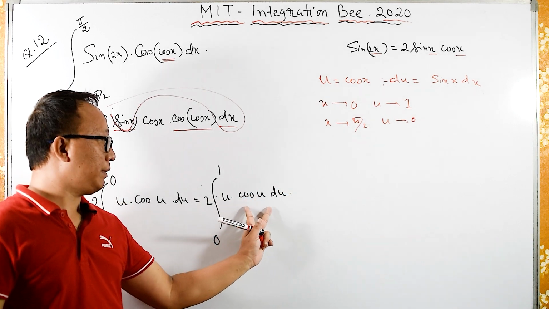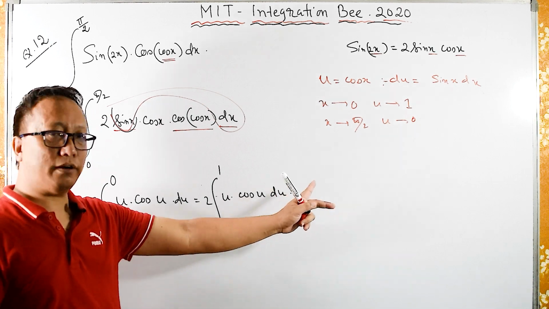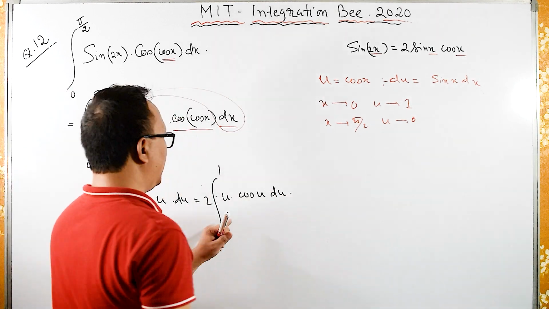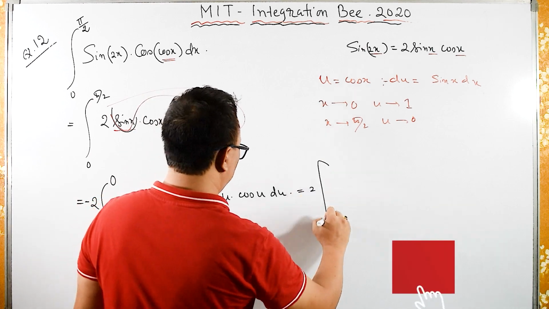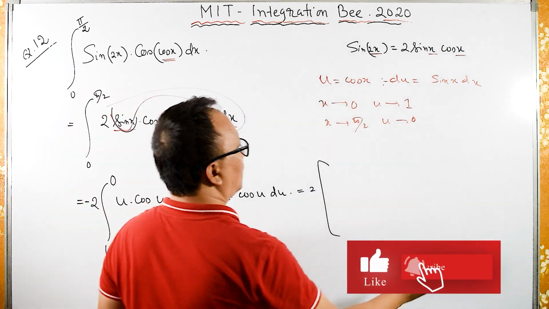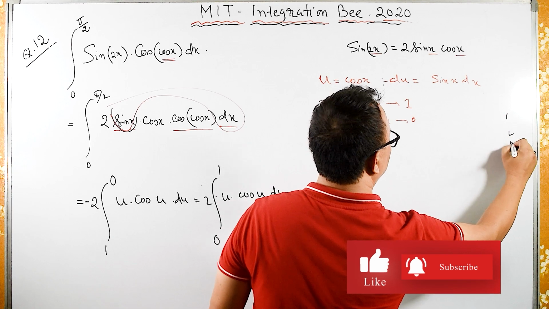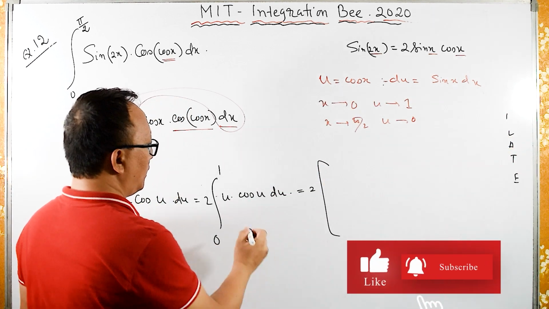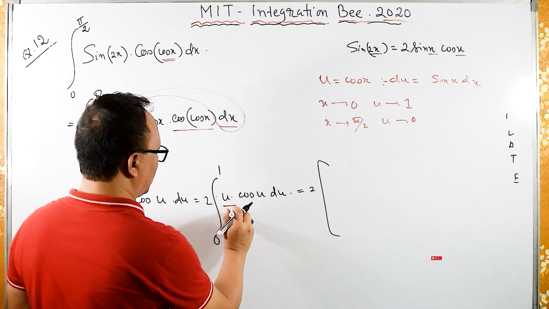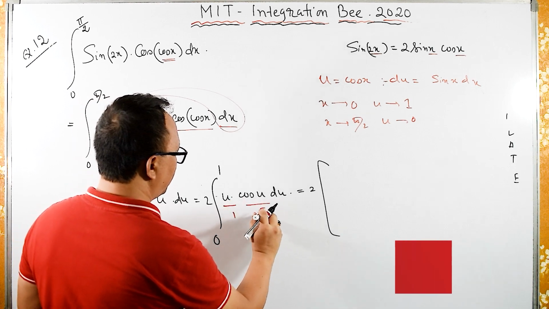Let's apply integration by parts, ILATE or tabular from our DI methods. Here we have 2, we have ILATE rule. Let's take this algebraic first. Now let's consider this is first function and this is second function.